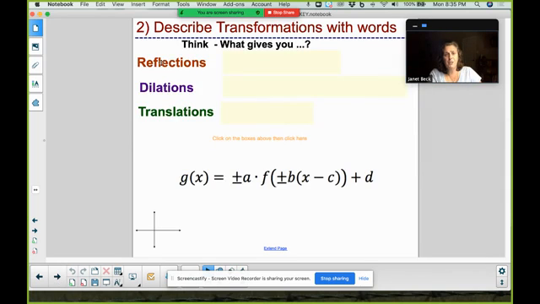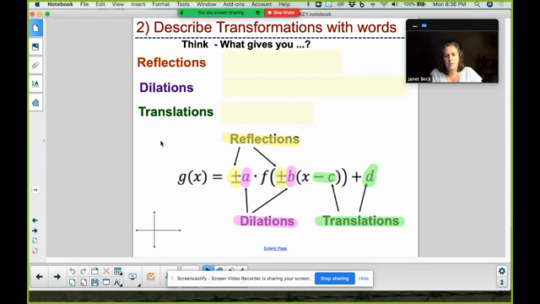The next thing I mentioned was you need to be able to describe transformations with words. When you're given something like this with numbers and things in it, you need to know what all these different numbers and things will do. First of all, do you know which parts of this give you reflections, dilations, and translations? There you go.